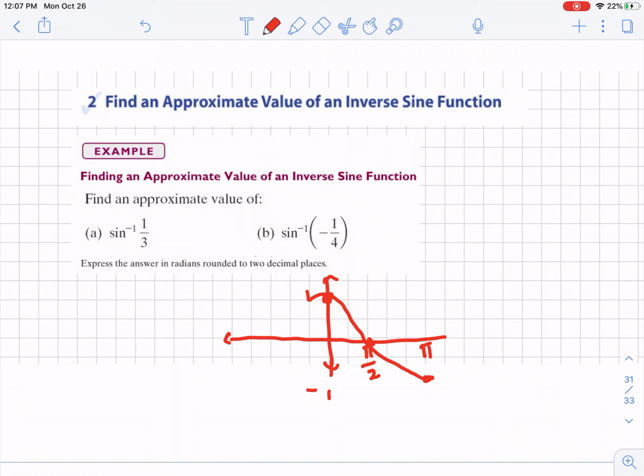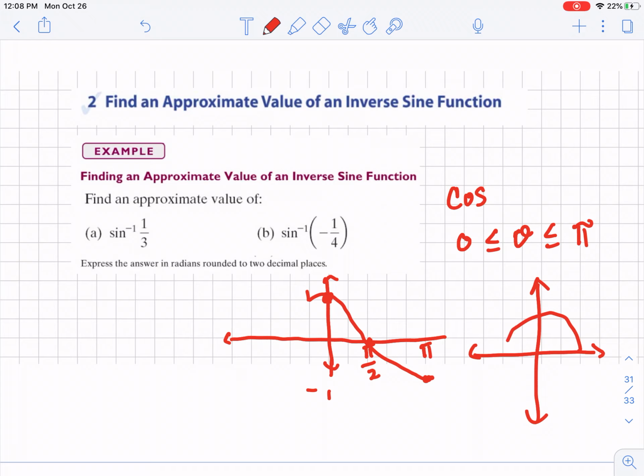This is the part of the graph going from 0 to pi. So when I'm talking about cosine, I am restricting my domain from 0 to pi, okay?